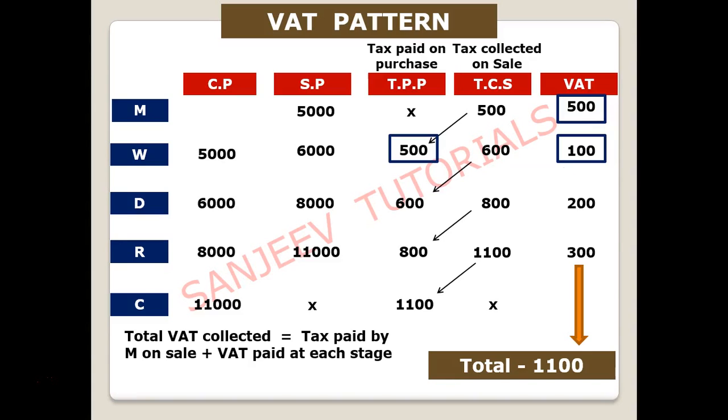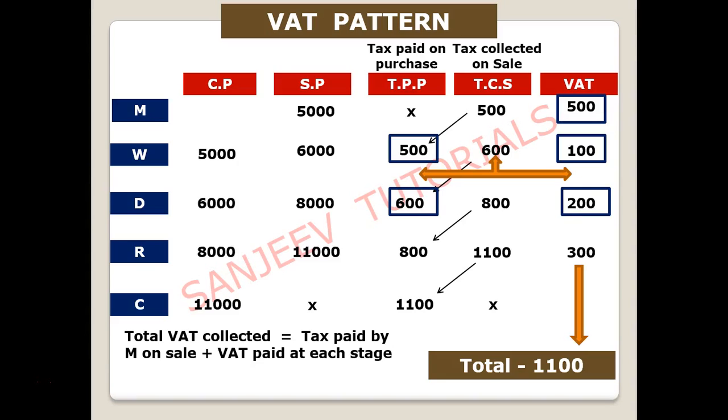But eventually he collected rupees 600 from the dealer while selling the product. So finally he is at no profit, no loss as far as the VAT process is concerned, because he shelled out rupees 600 and he collected rupees 600. Third, the dealer paid rupees 600 on purchase and rupees 200 as VAT to the government.